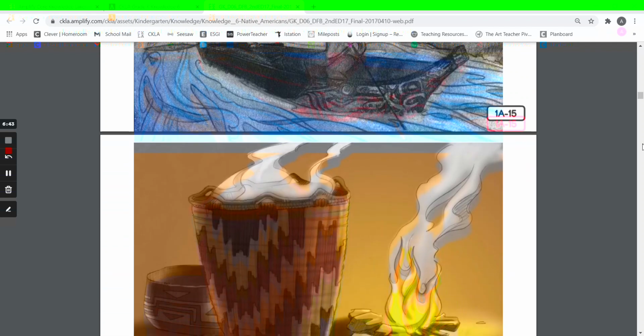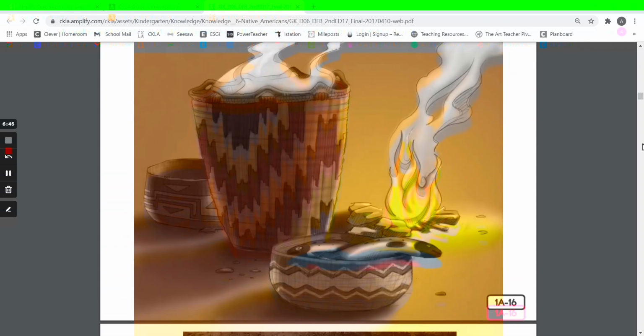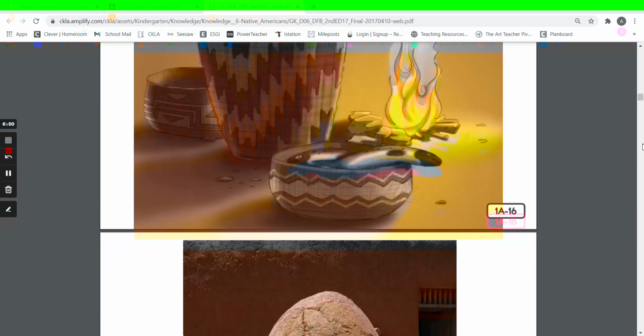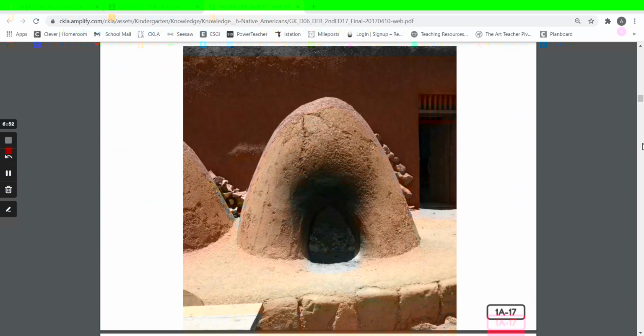Some Native Americans cooked their food over an open fire, and others baked their food in special ovens made out of clay. The Native Americans also needed water, but there were no sinks or running water inside their homes. So where do you think the Native Americans found water long ago?